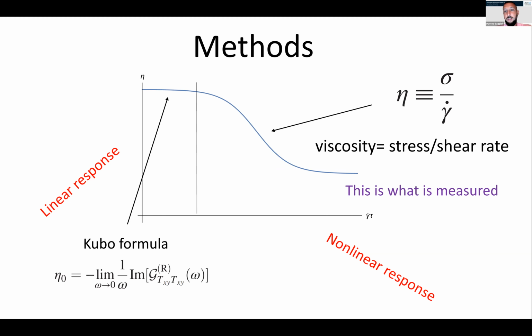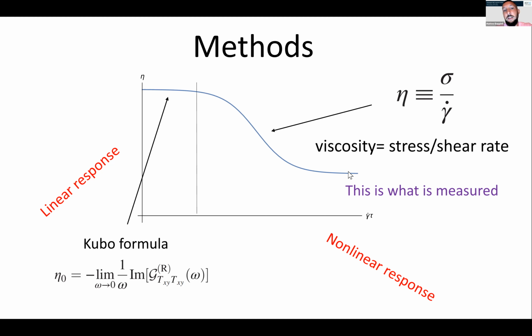The standard computation that we do in holography, I will show you in a while, is based on this Kubo formula. As was pointed out just half a minute ago, this definition does not make any sense if you go beyond the limit of linear response and gradient expansion, because this Kubo formula is based on the constitutive relation, which is not valid anymore.